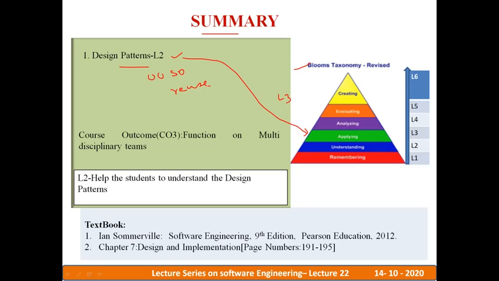The four essential elements of design patterns are the name to be given, that forms a meaningful reference, a description of the problem area, a solution description, and the fourth one is the consequences, that is the statement of the consequences.